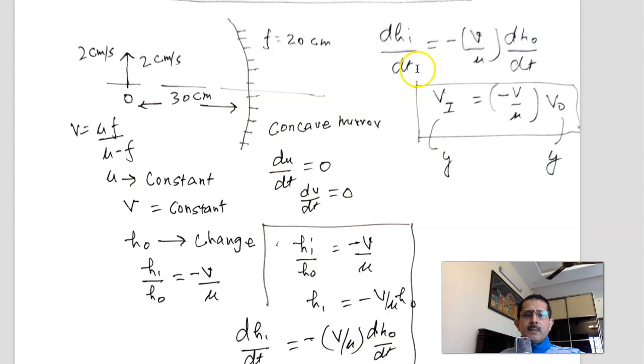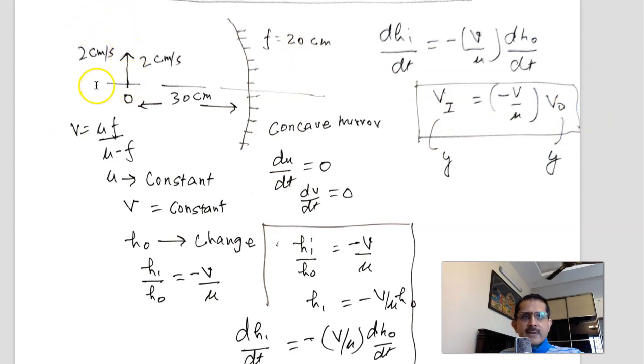Further, quickly moving here, I have written the same thing here, and dHI by dt is nothing but the velocity of the image, in this vertical direction, which is equal to minus V by U times VO, which is also in this direction. So both of these are along the y-axis.